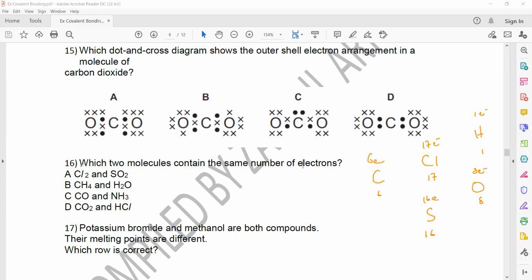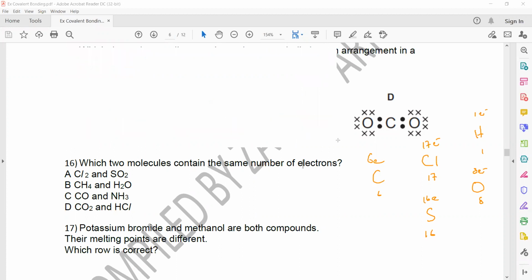So when we find the total number of electrons, because they're asking which has the same number of electrons, chlorine, which is Cl2: one chlorine has 17 electrons. So Cl2 means 2 chlorines, so 17 multiplied by 2. So a chlorine molecule will have 34 electrons.